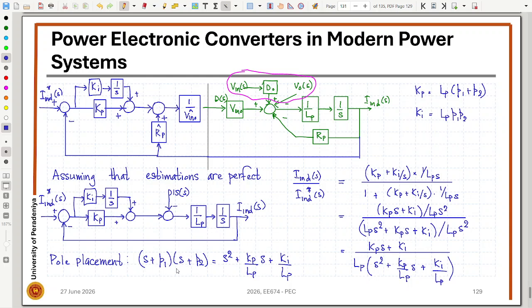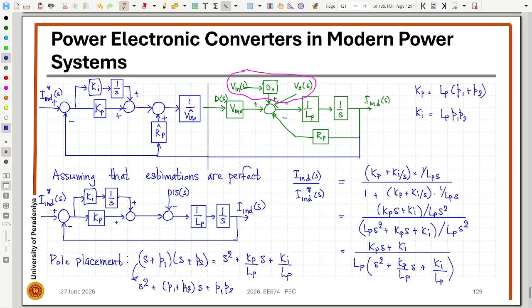So that's equating the coefficients. If we equate the coefficient for the S term, here we are going to have S squared plus (P1 + P2) S plus P1 P2.